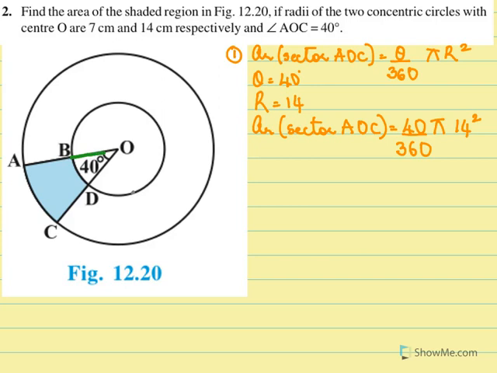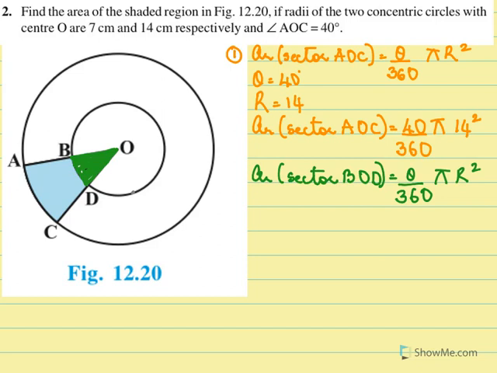In the next step, we'll find the area of this little sector, that is BOD. So we have area of sector BOD, again theta 360 pi r square. Now in this case the theta is the same, and that is 40.